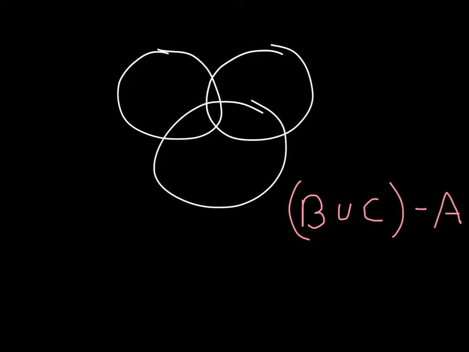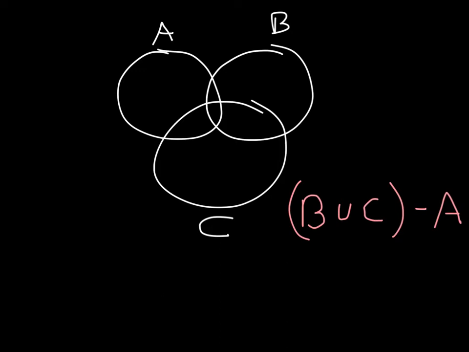Now let's take a look at this guy. We want the union of B and C set minus A. So we want anything in B or C, but not in A. So, well, let's just do this in one fell swoop. What we want is anything in B and C, so all of this stuff, but nothing in A. So we're going to exclude all of this.